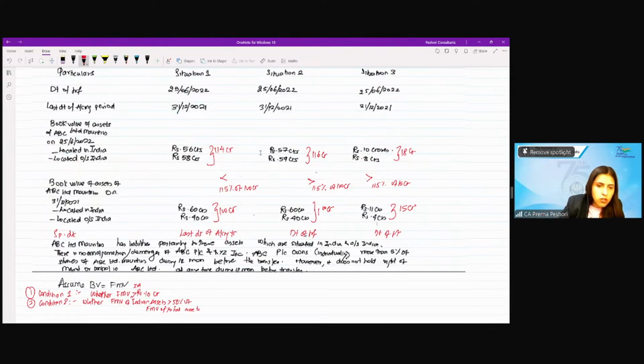This condition is satisfied and this condition is also satisfied. So therefore, indirect transfer is getting triggered.